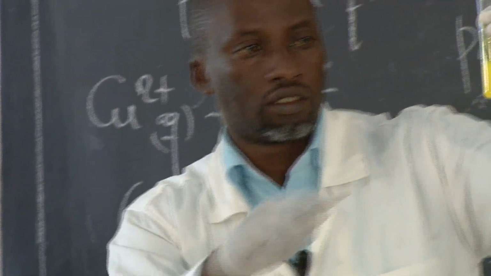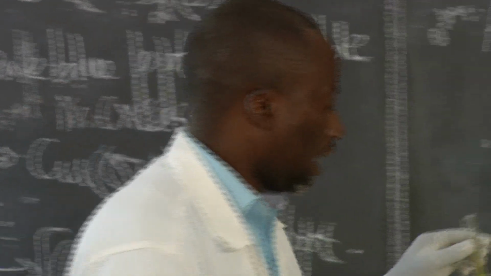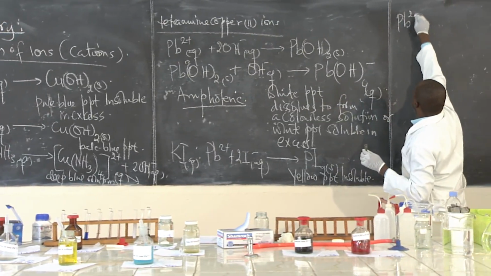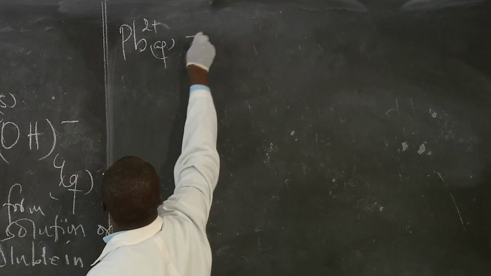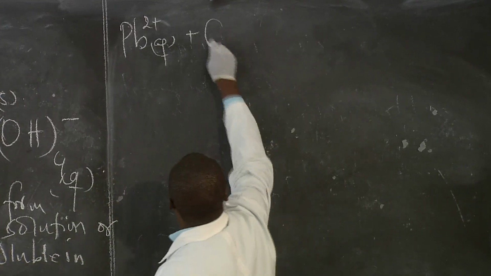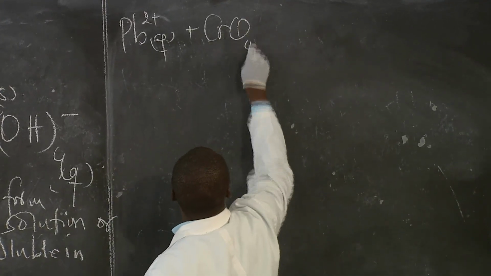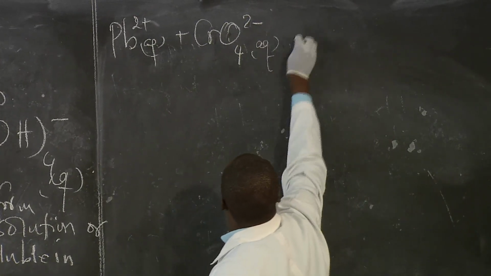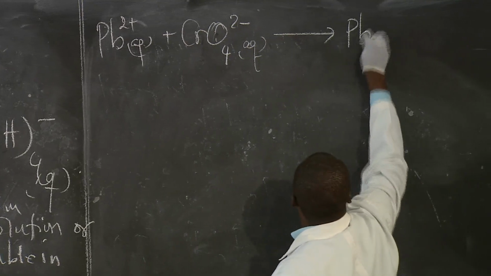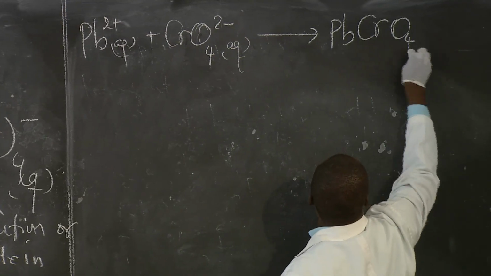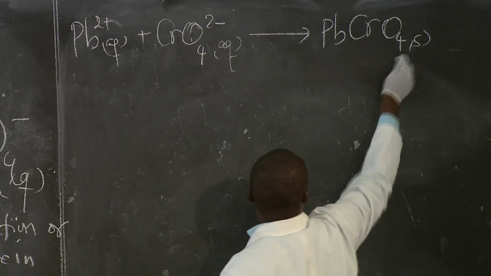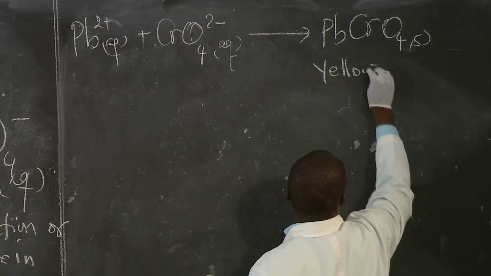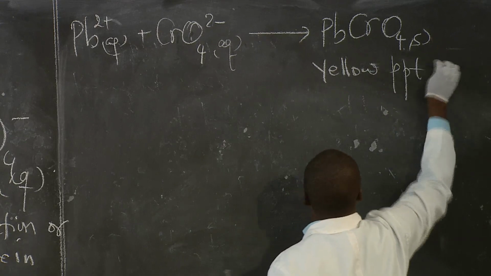See what happens? Here you have the lead ions reacting with the chromate ions, and then you form lead chromate. This is also a yellow precipitate.